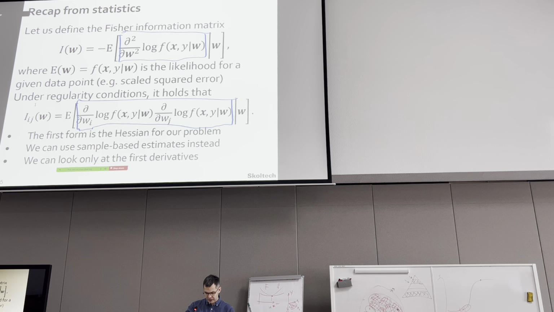I don't want to explain it. You can try to do it on your own and find the proof if you don't want to solve it on your own. But we can say that this is close to the Hessian.